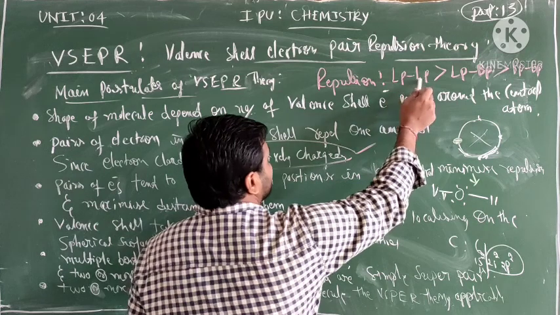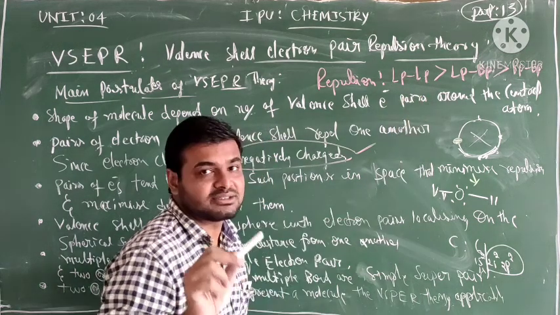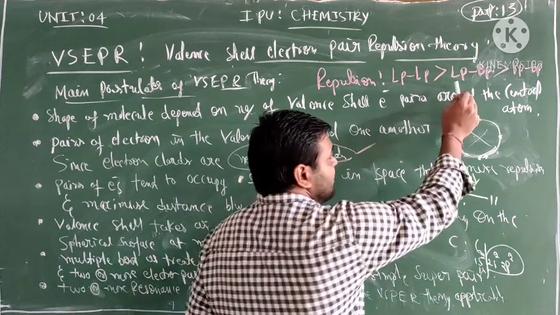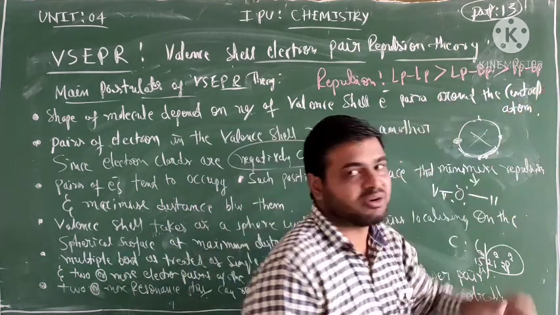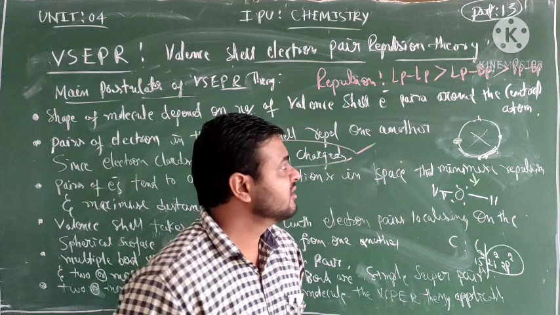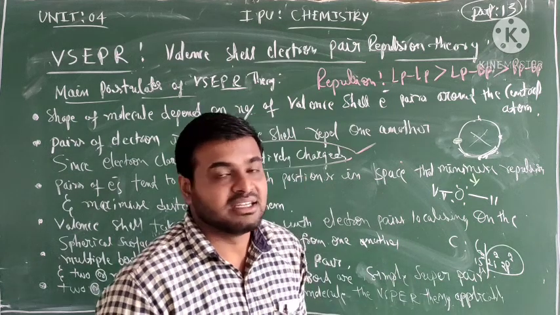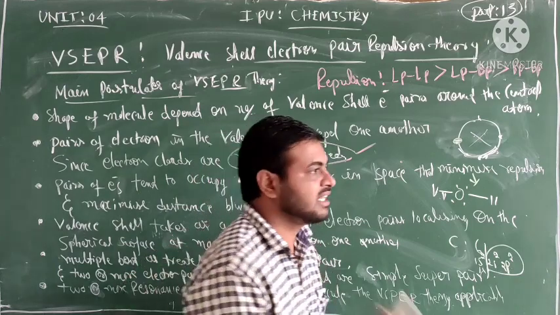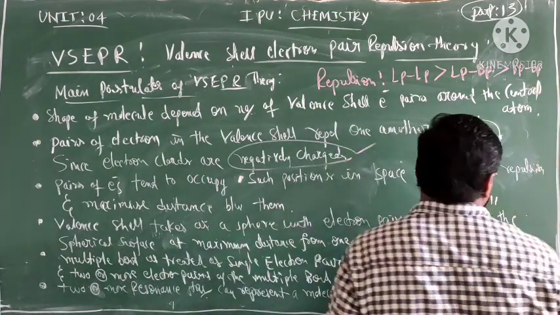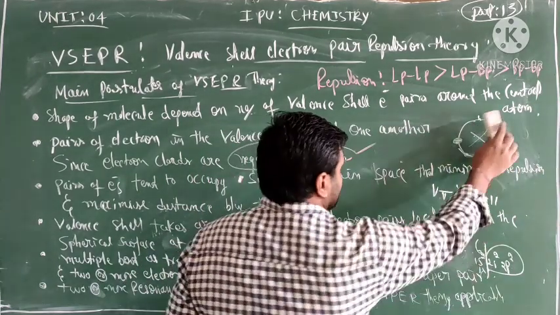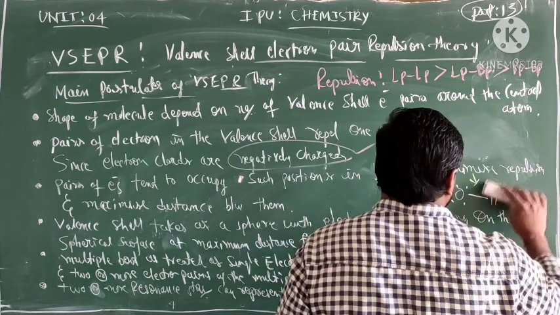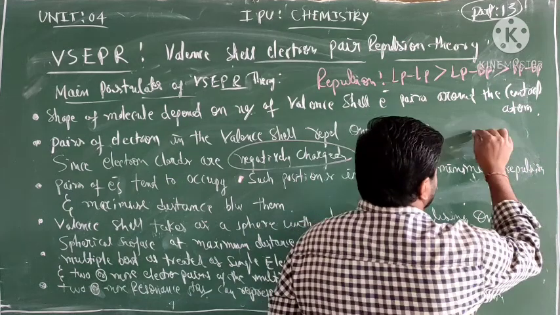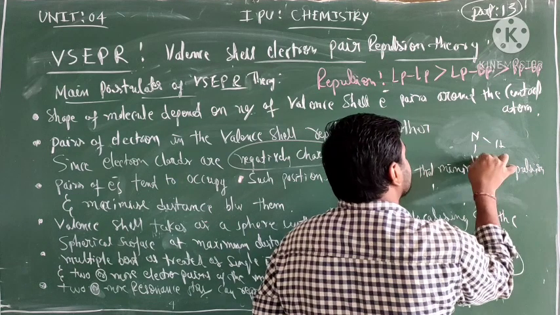The repulsion between lone pair and lone pair is very repulsive compared to lone pair and bond pair. Between the bond pairs the repulsive nature is very low. For example, see here, one example is ammonia.